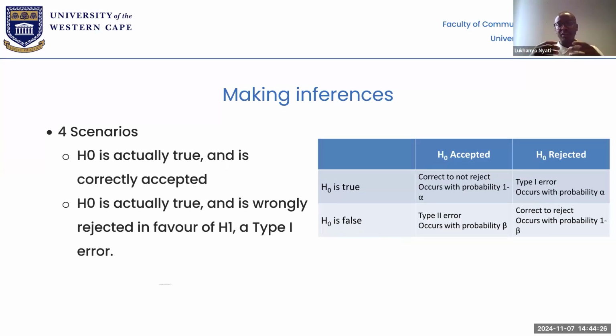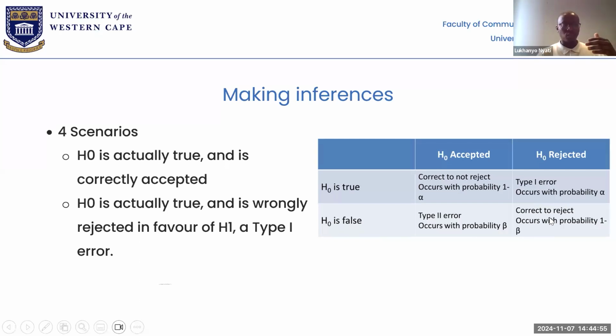And if you've got a small sample size, then it's possible that you may be unable to detect that difference, and that is what is called a type 2 error. That occurs with the probability of beta, all right? So what we usually do is set the power as 1 minus beta.